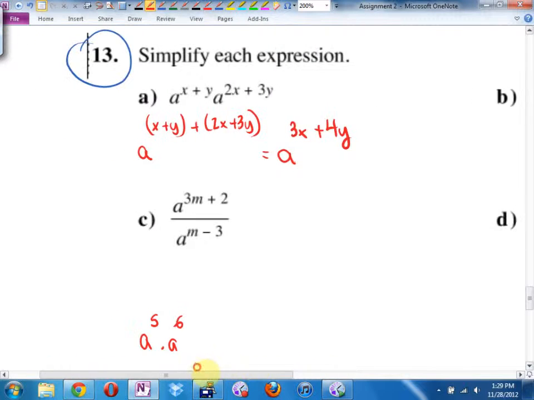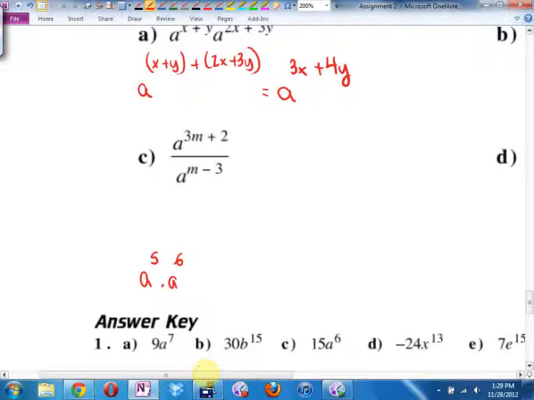I suspect the one that's bugging you is C. What are we doing with the exponents? Dividing. Sorry, what are we doing with the powers? Dividing. So what are we going to do with the exponents when your bases are the same? Ben? It's going to be a to the 3m plus 2 take away m minus 3. Is there something in front of the bracket right there?